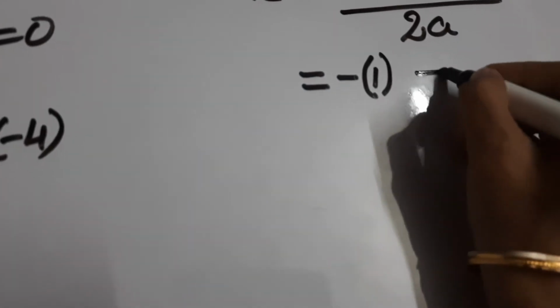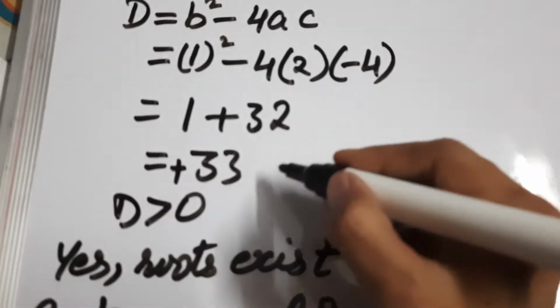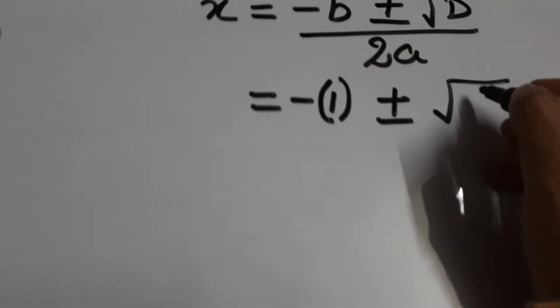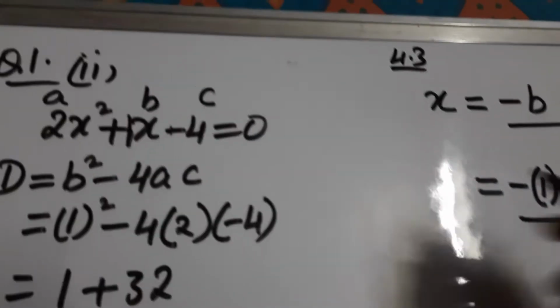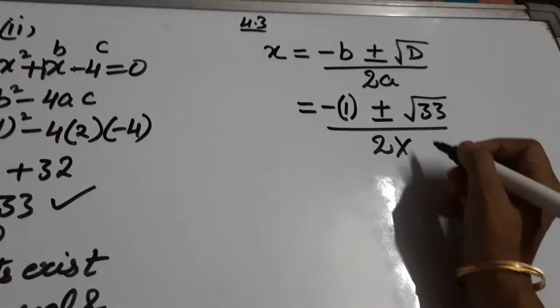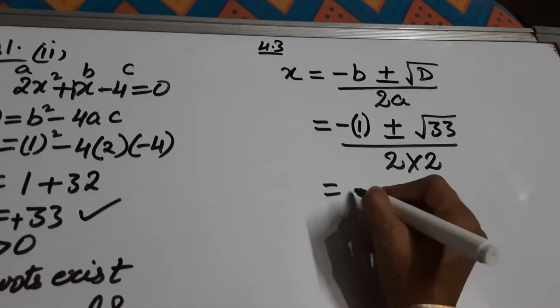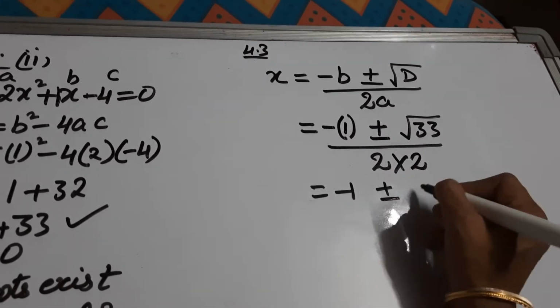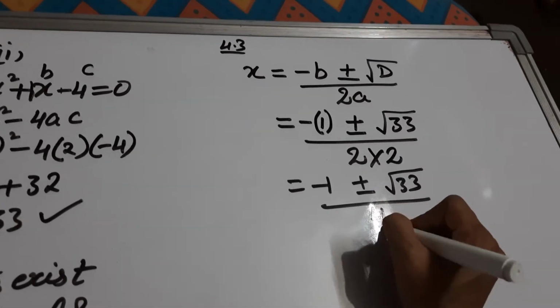So 1 plus minus under root D. What is D? It is 33. So we'll take this upon 2 into a. What is a from the equation? It is 2. So we will write 2 into 2. So minus 1 plus minus under root 33 upon 2 2s are 4.